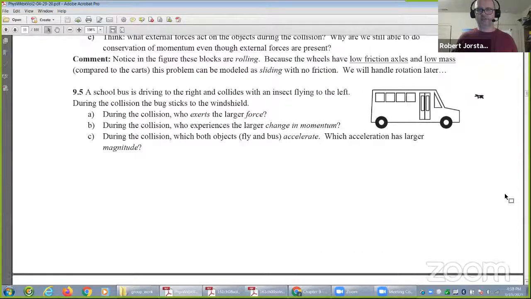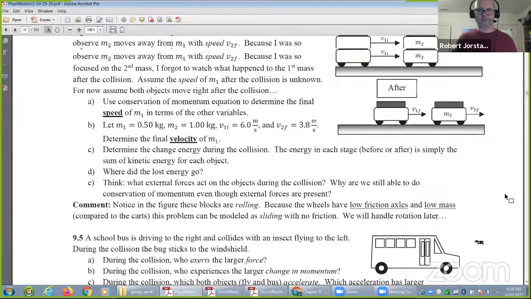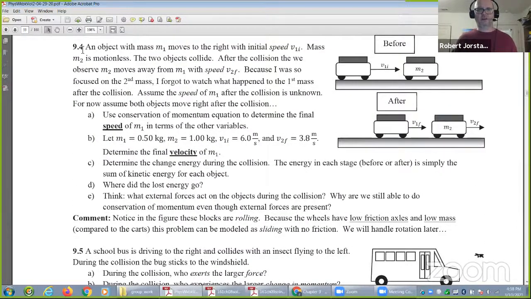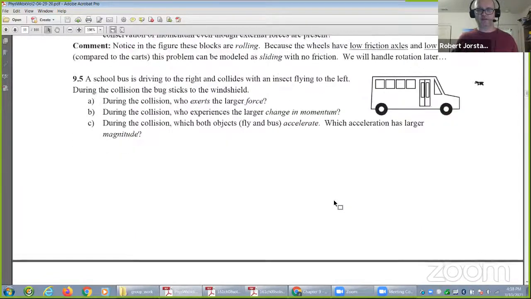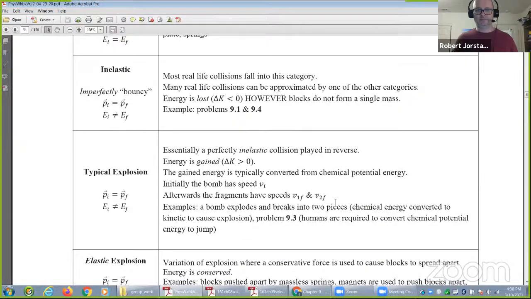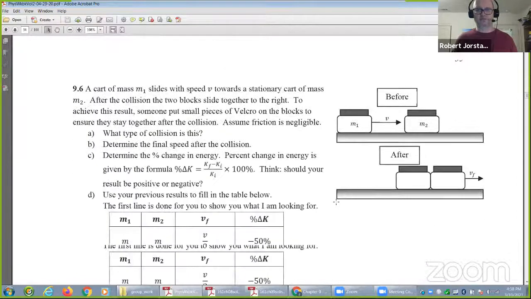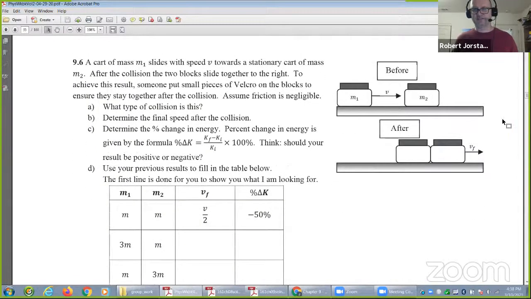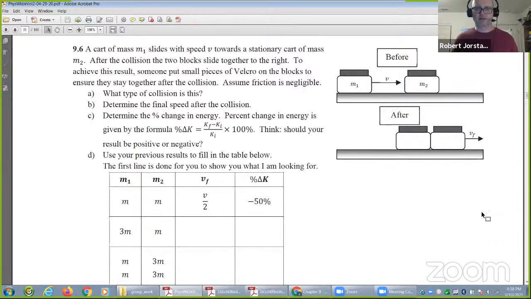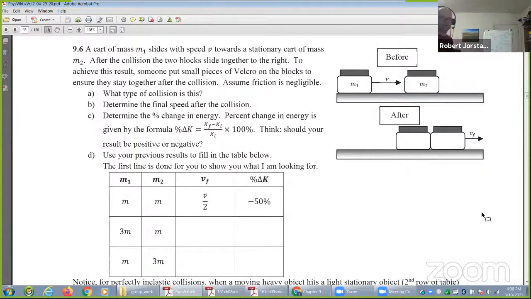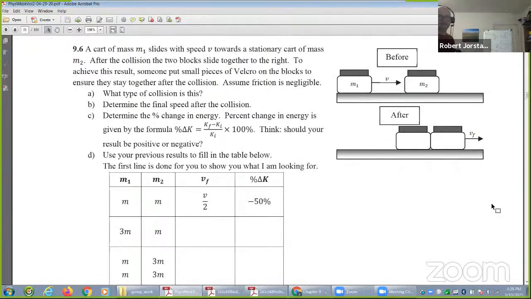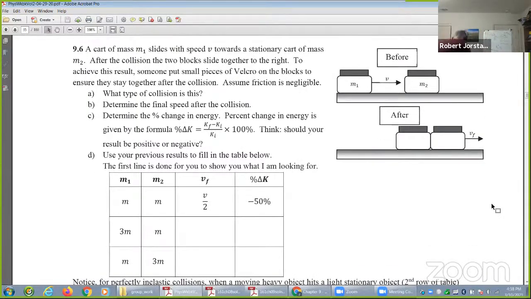So let's go to this case here. Let's start with, oh, you know what? I'm going to skip ahead. I want to go to this one, 9.6. Sorry, I just like this problem. It's a nice, easy one to get rolling. So I'm going to get it written up on the board, and then we can work on it together.